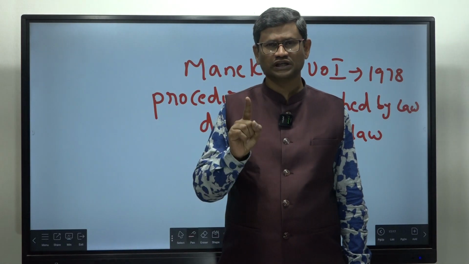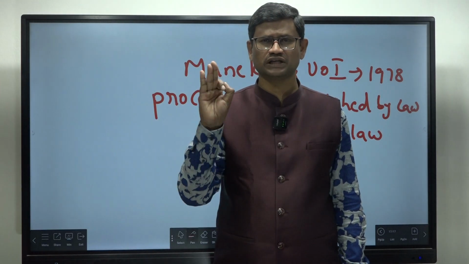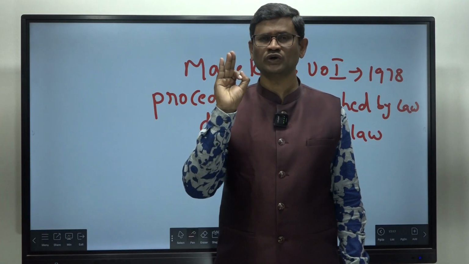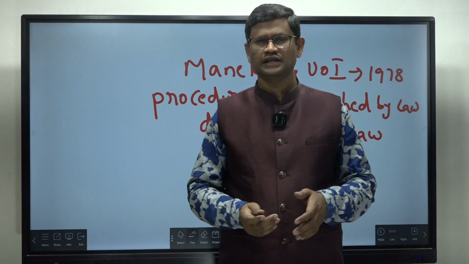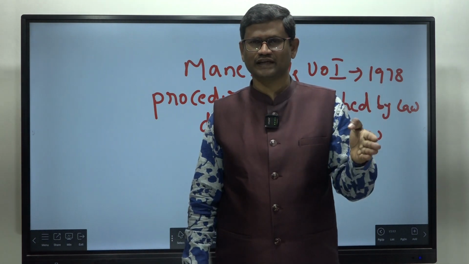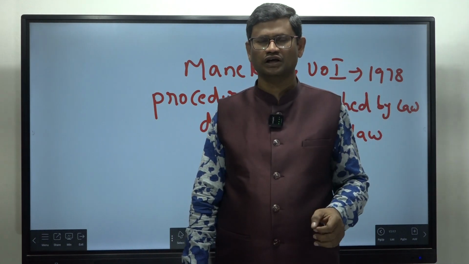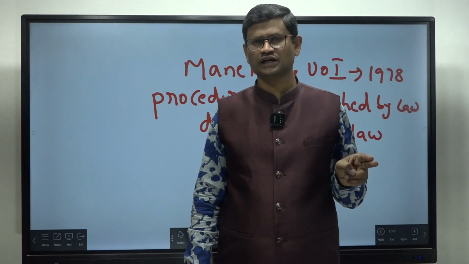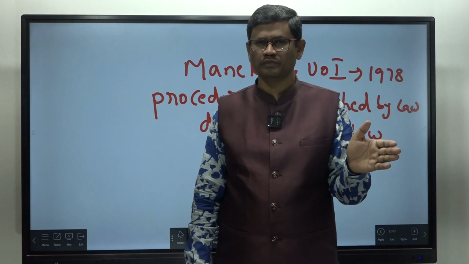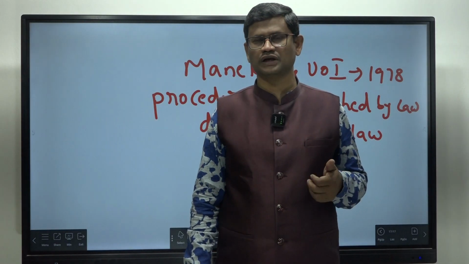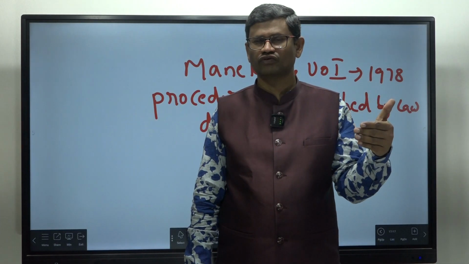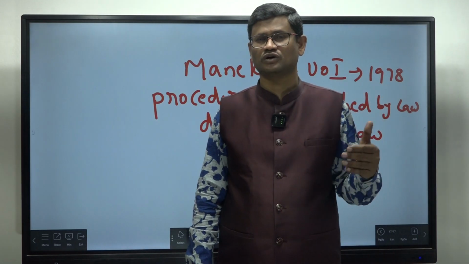So under procedure established by law, if you want to deprive any person of his personal liberty, there shall be a law in place. It can be done only with the authority of the law. That is the first condition. The second condition, such law should be made by a competent legislature. Third requirement, such law shall be made after following the procedure prescribed in the Constitution.